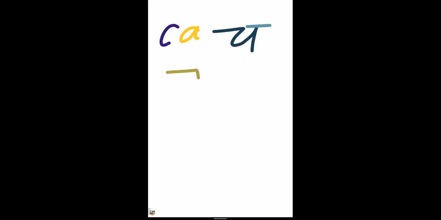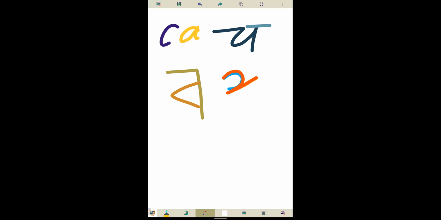So cha, see here. This is the cha. How to do the variant? The variant will be: you have a semicircle, again one slanting line, and then we have a vertical line with a round at the bottom. This is also cha. Please note down.